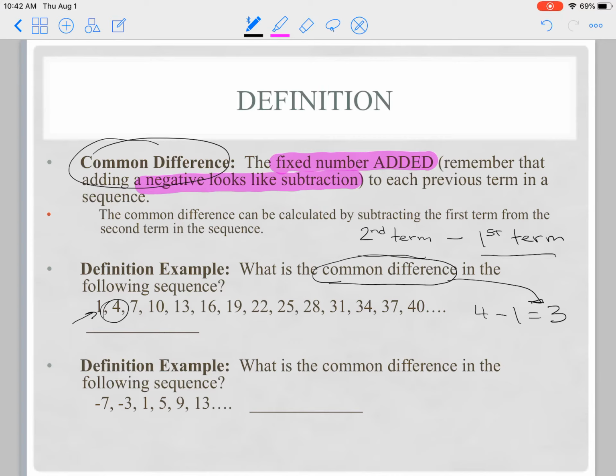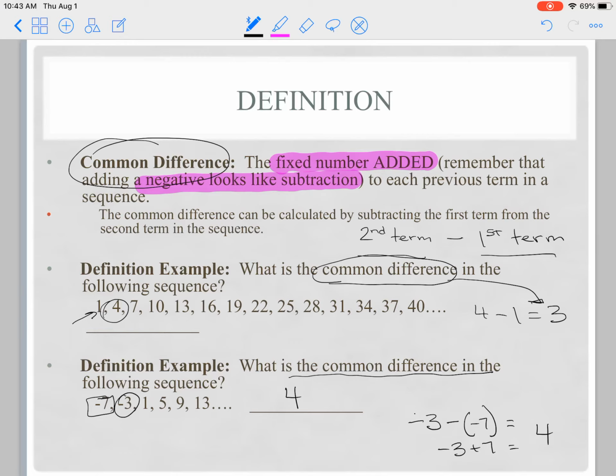And secondly, here's another example. What's the common difference in this sequence? Again, we take our second term, -3. We subtract our first term, -7. -3 subtract -7 really is -3 plus 7, and that's 4.